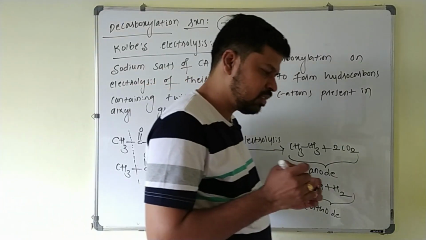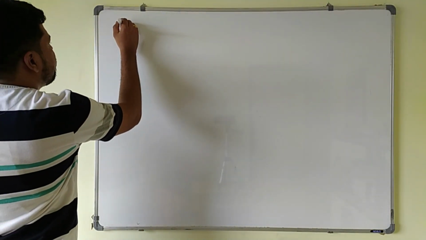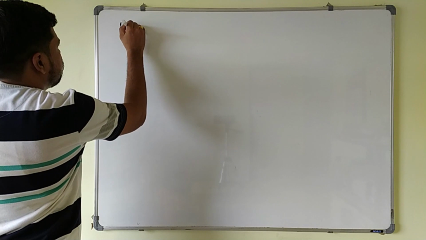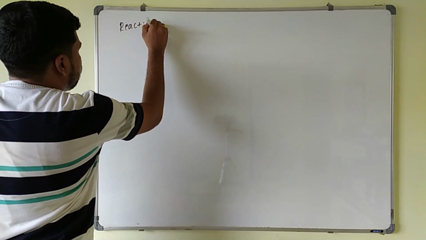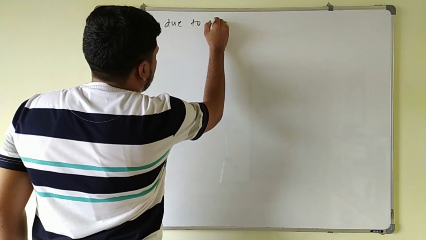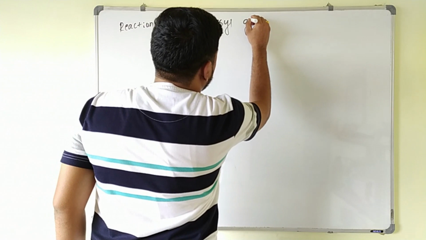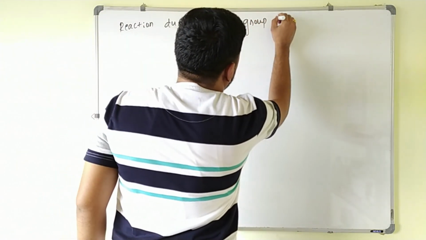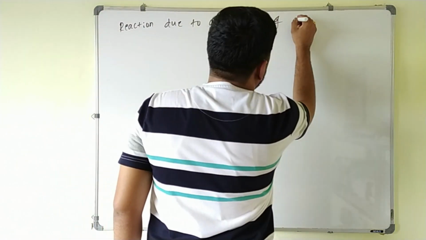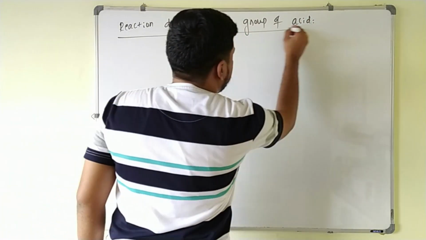Next one. So the next type of the reaction is reaction due to alkyl group of acid. So here one named reaction is there.